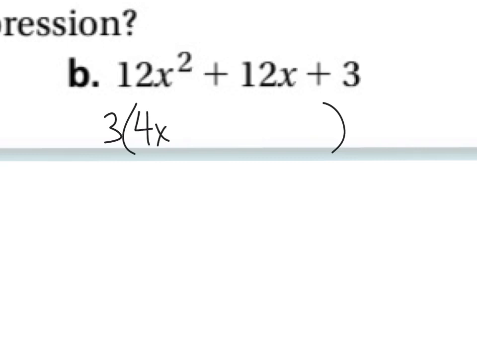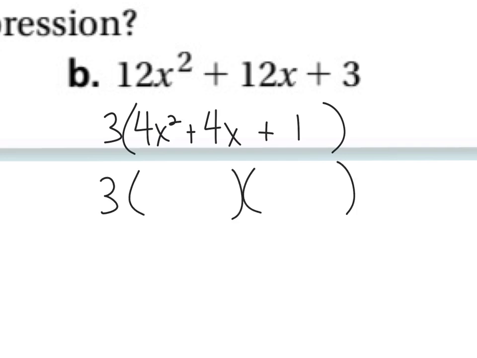That'll leave us with 4x squared plus 4x plus 1. Like I said, this has 3 terms in it still. It's not a difference of squares. It might be something else we've talked about in this section possibly. So to get the 4x squared, let's try 2x times 2x.